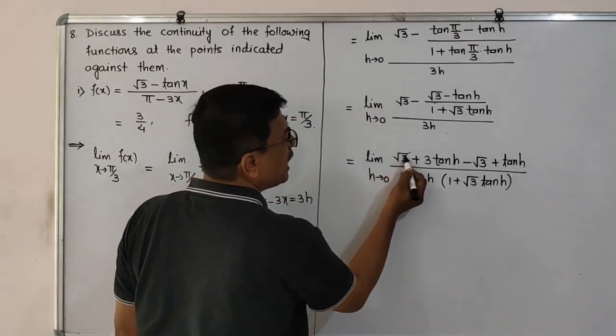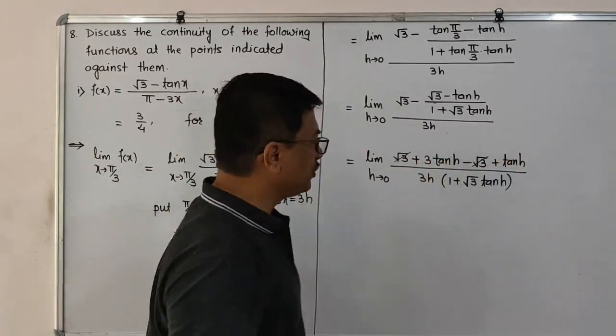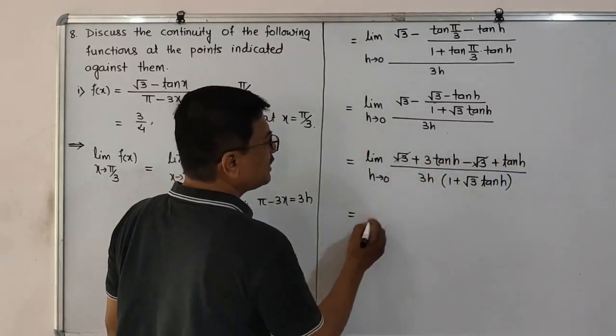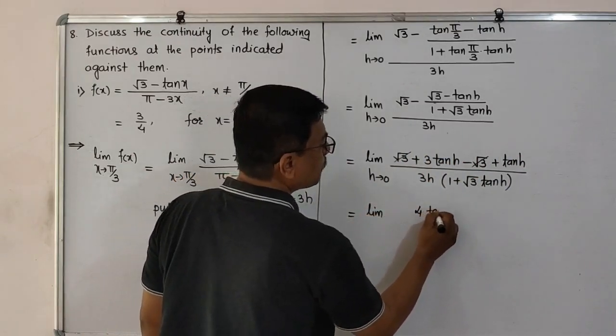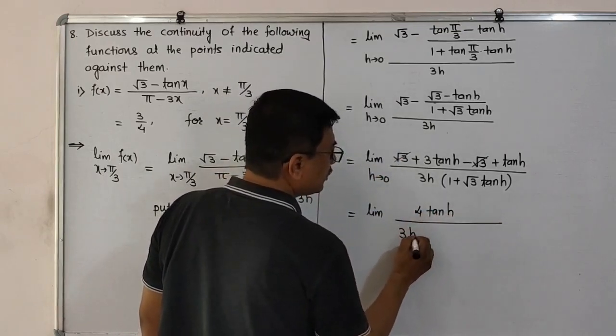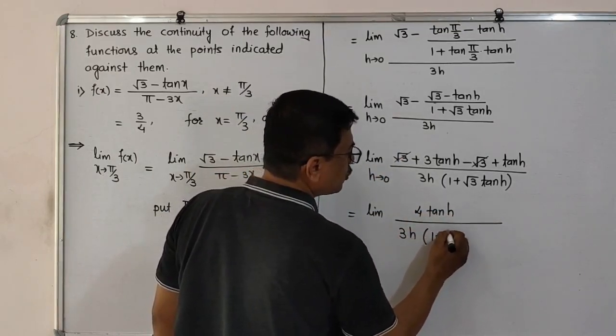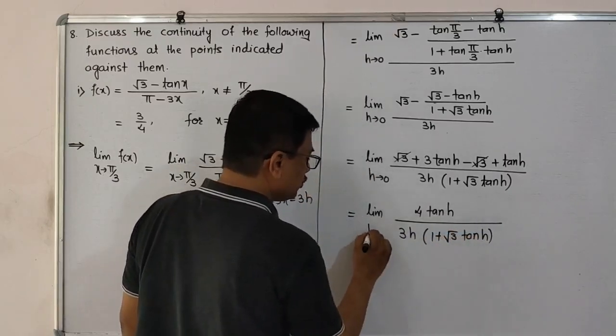Now the root 3 and root 3 get cancelled. 3 tan h plus tan h is 4 tan h. We can say that it is the limit of 4 tan h upon 3h into (1 plus root 3 tan h) as h tends to 0.